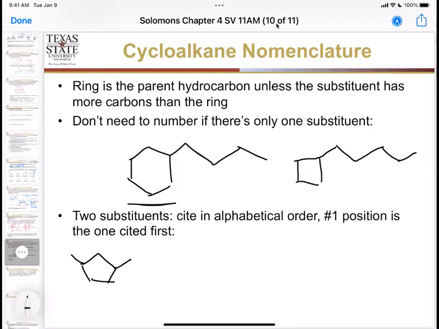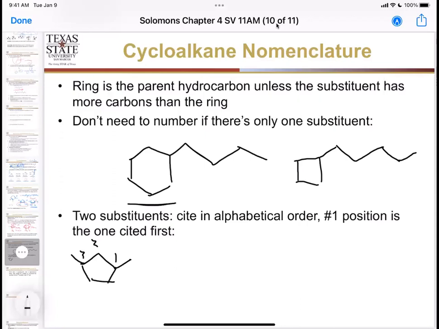Because we have 2 methyl groups on there. We would start numbering from 1, 2, and 3 because it doesn't matter. So we would have 1,3 dimethyl cyclopentane. We would need more information to assign cis and trans. There is no 3D drawing on here, so we can't assign cis and trans. So the way we would name that would be 1,3 dimethyl cyclopentane.